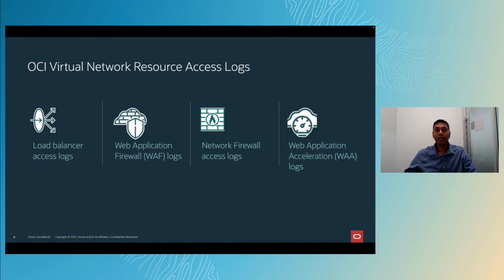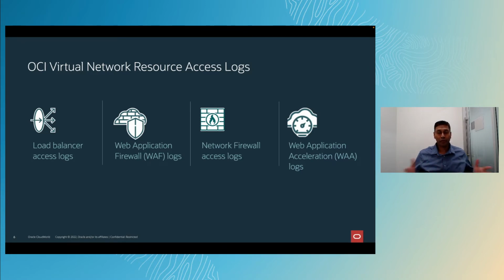The access logs include information about those as well, which can be used for analysis. A similar thing applies for web application acceleration as well. WAA logs provide a similar set of metadata for you to do this analysis.